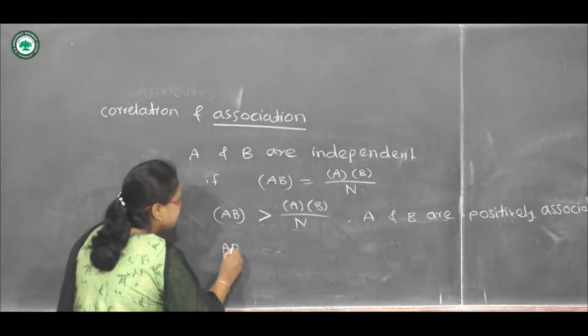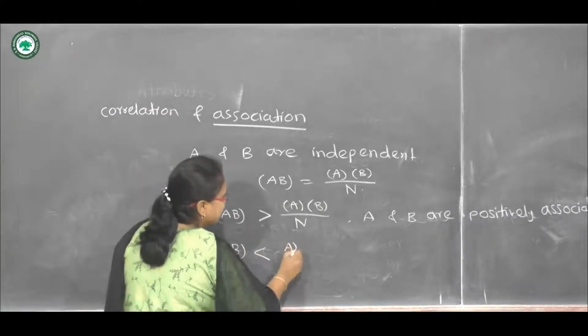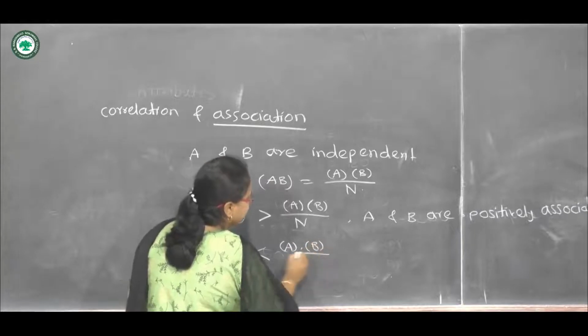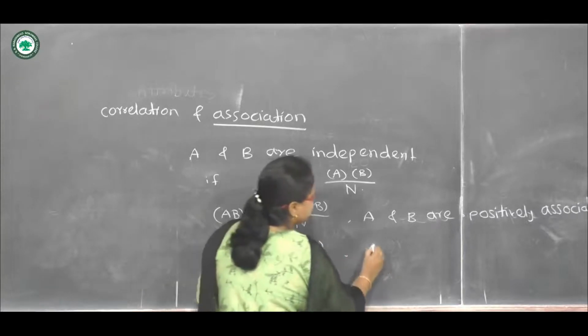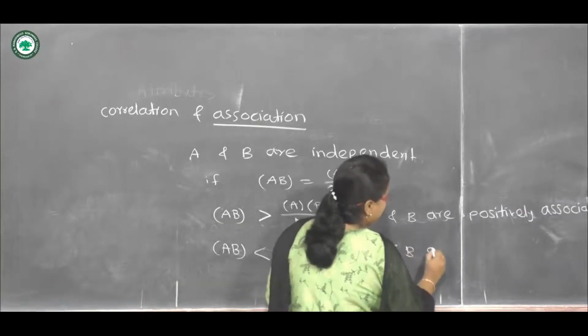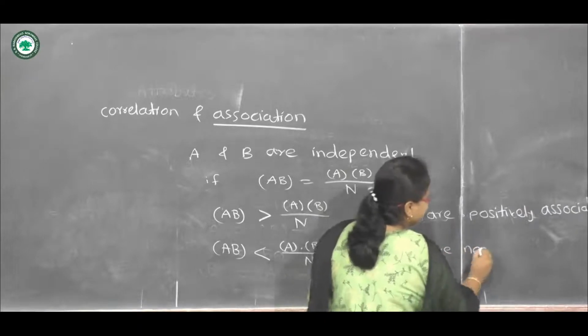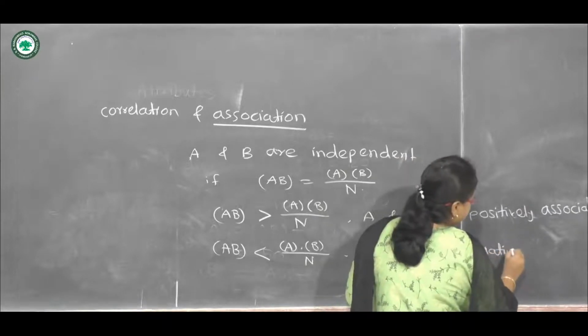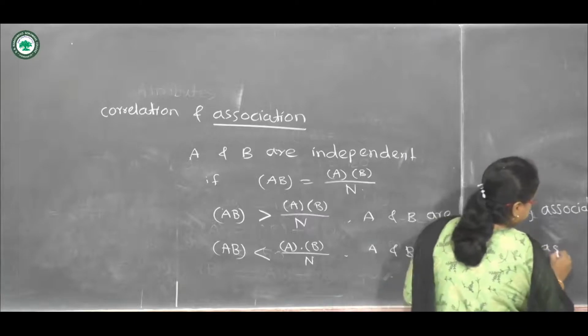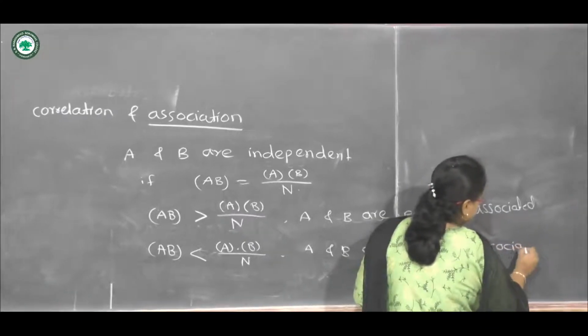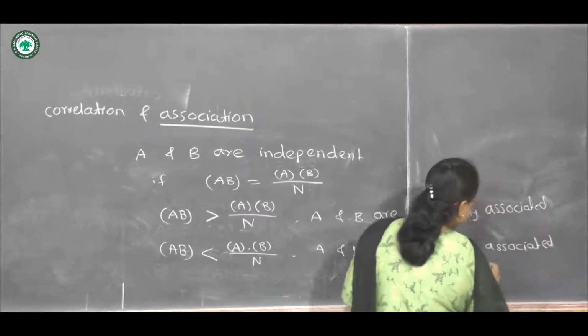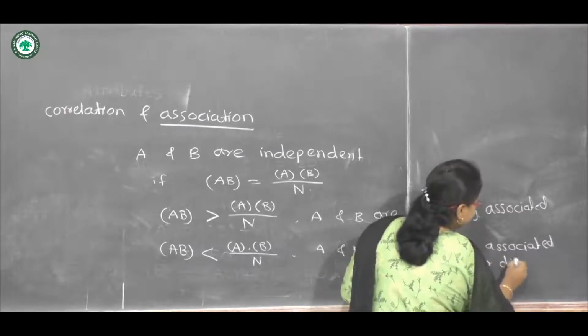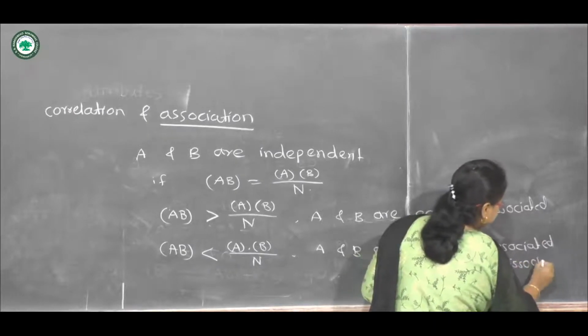If (AB) is less than (A)(B) upon N, then we say that A and B are negatively associated, or dissociated.